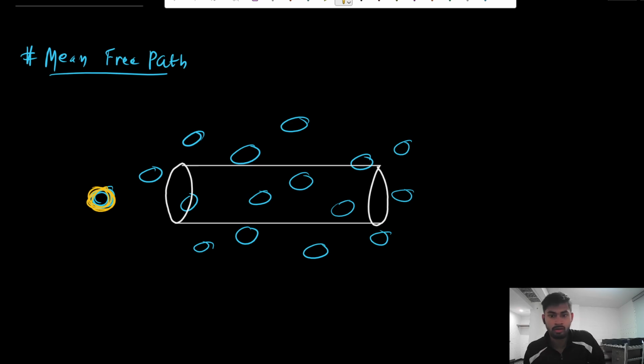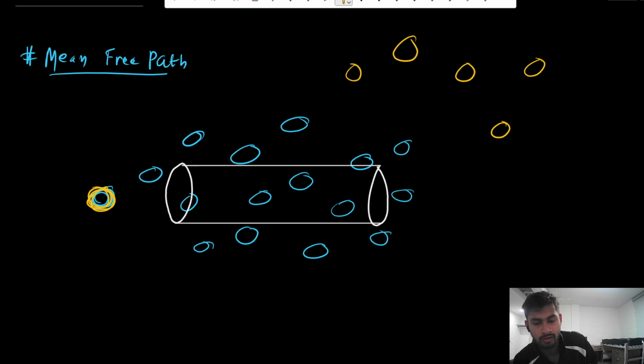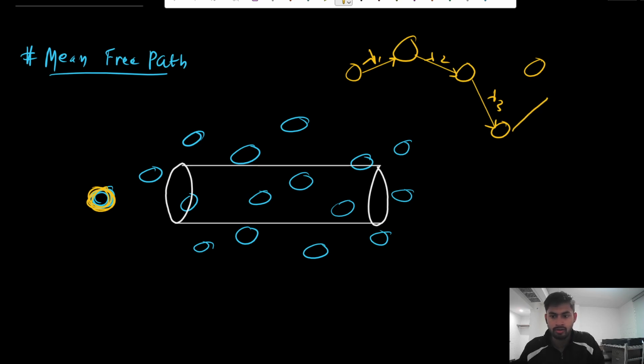But before diving into that, I'm just going to give you a basic idea about mean free path. If these are different molecules in free space, then the definition of mean free path would be: if this molecule collides with this one, and the second molecule collides with the third, which would collide with the fourth, then the distances would be lambda 1, lambda 2, lambda 3, and lambda 4.